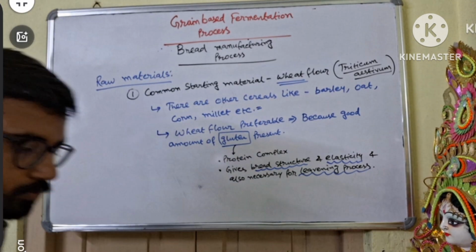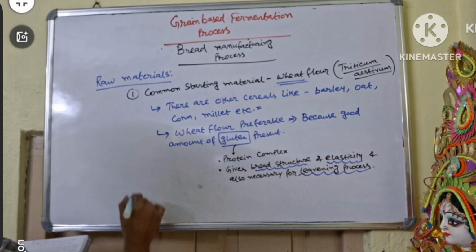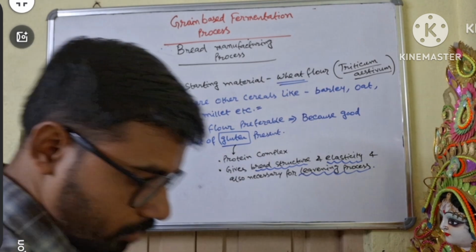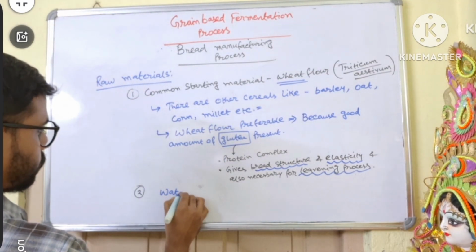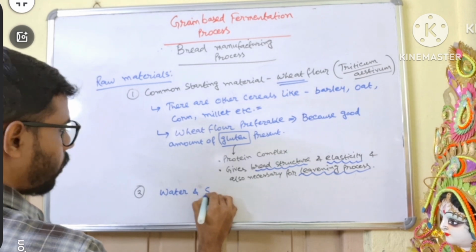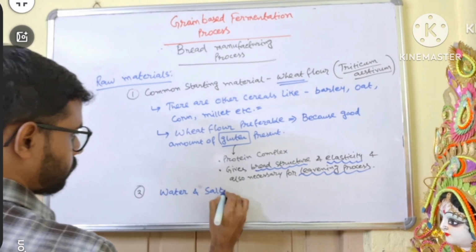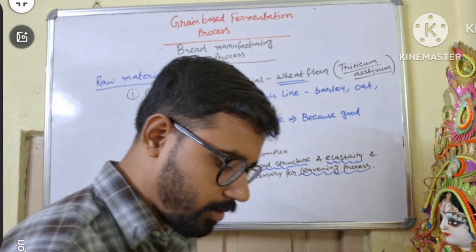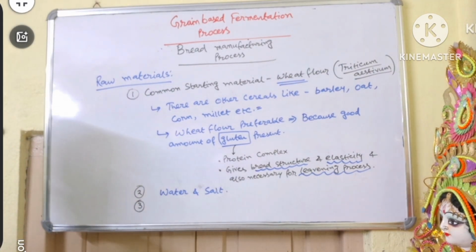Ingredients number two: water and salt. For manufacturing, we need these. Third, optional ingredients.